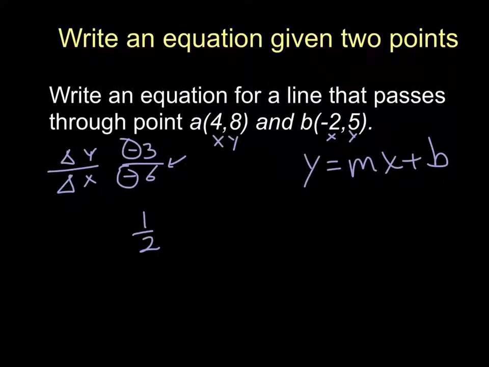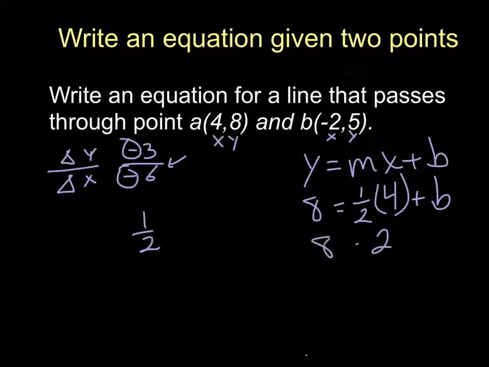I'm going to plug that in right here. Now I'm going to take a look, and here is my x. I can plug that in right here, and here's my y, so I'll plug that in here. So y is 8, then x was 4, and I'm doing this to find the y-intercept. I've got 1/2 of 4 is 2, so I get 8 equals 2 plus b.